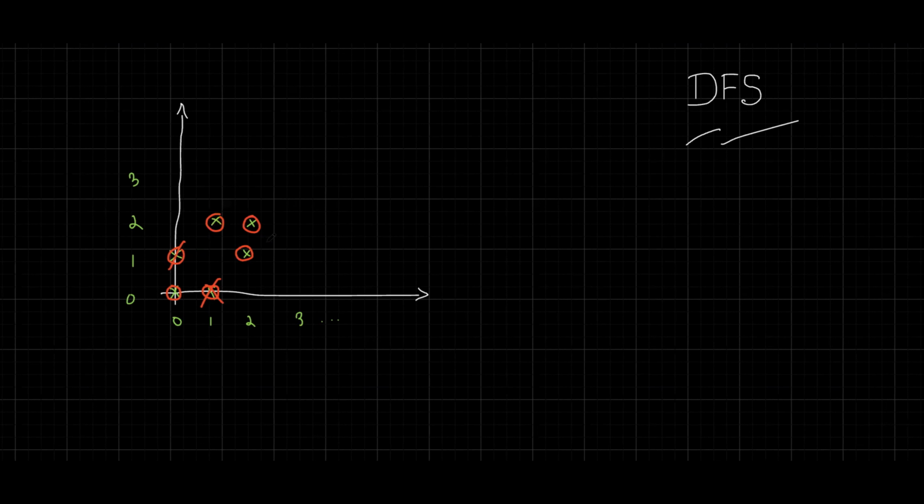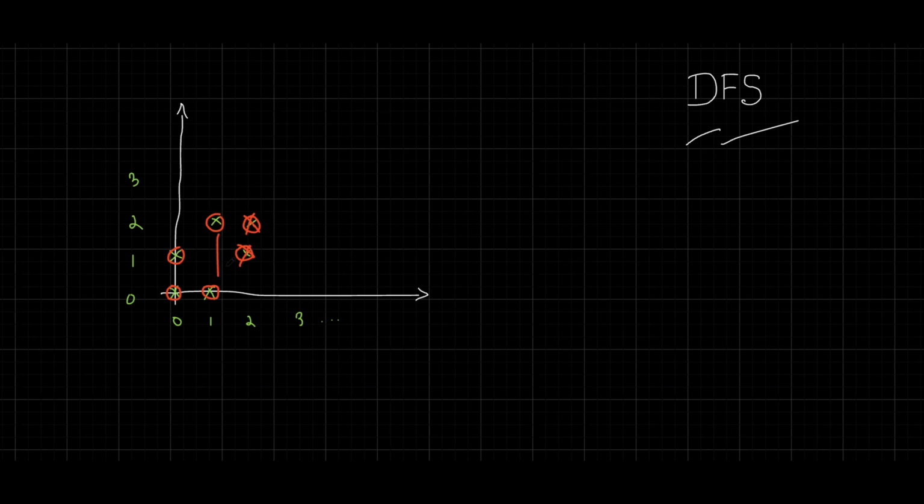or we can remove them in a tricky way. Suppose for these two stones, we can remove this one because they are in the same column. For these two stones, we can remove this because they are in the same row.